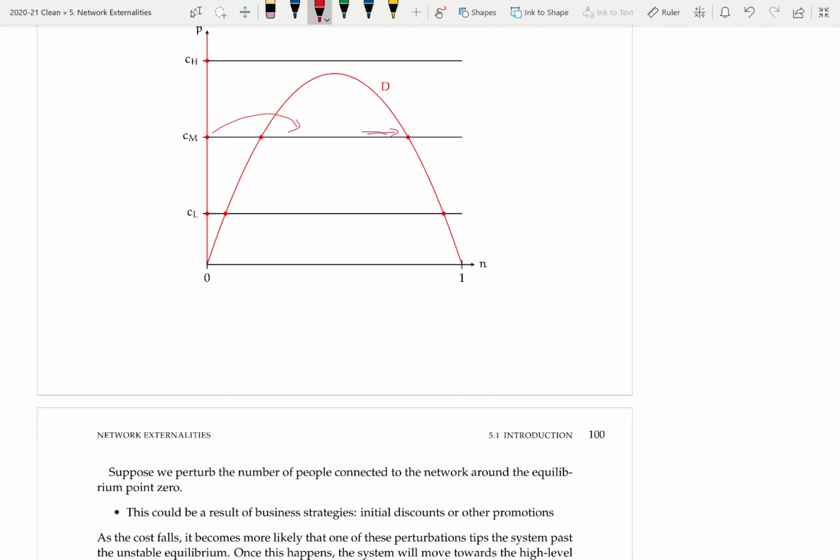As the cost keeps falling, it becomes easier to move across that curve and converge towards the high demand equilibrium. So as the cost of production keeps falling, it becomes more and more likely that these perturbations will tip the market towards the high demand equilibrium. As the cost keeps falling, nothing might happen for a while, but eventually the cost gets low enough that we reach a tipping point and the market is in a disequilibrium.